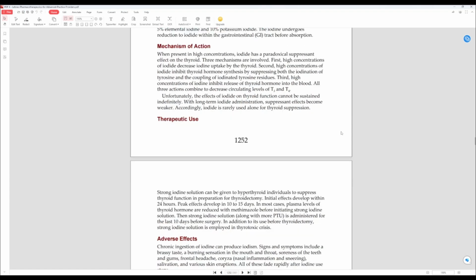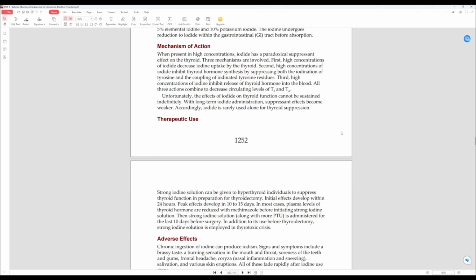Its mechanism of action. When present in high concentration, iodide has a paradoxical suppressant effect on the thyroid. Three mechanisms are involved. First, high concentrations of iodide decrease iodine uptake by the thyroid.